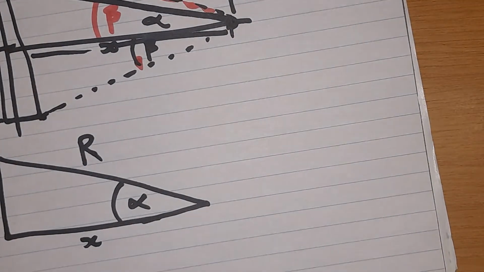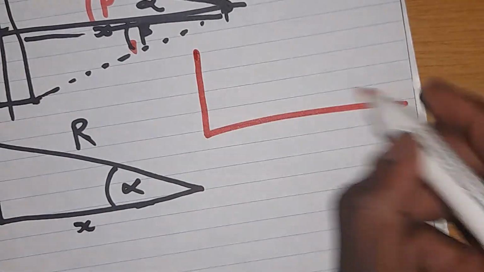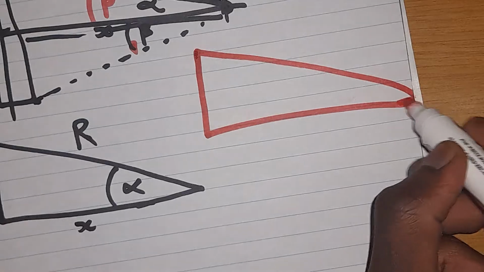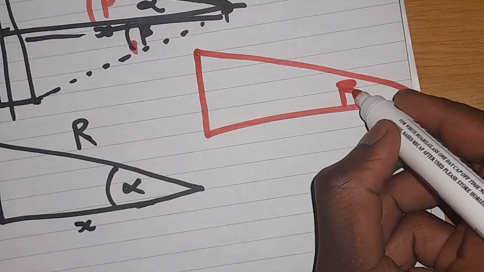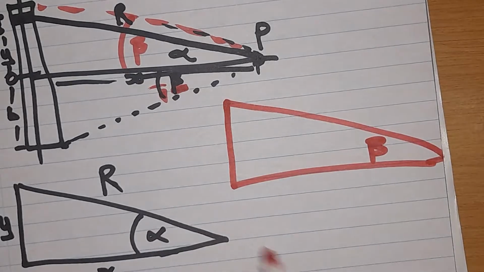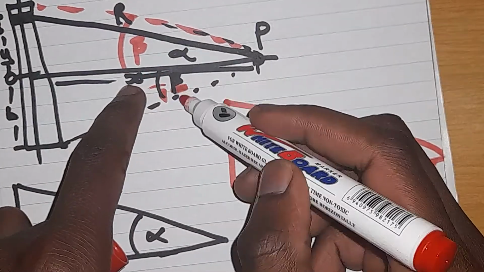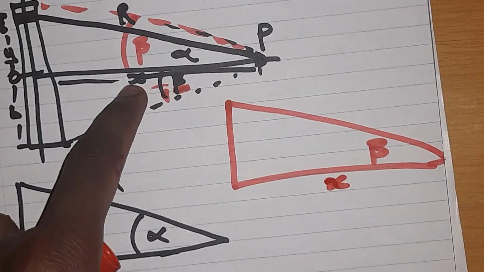Let me draw it in different color. This triangle, the second triangle, our angle here will be beta, this angle here, right? Then our adjacent, if you notice, the adjacent of alpha and beta are the same, so the adjacent is also x.